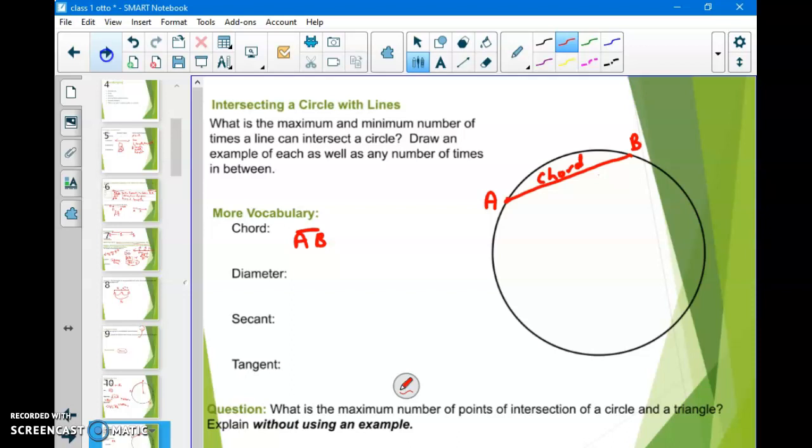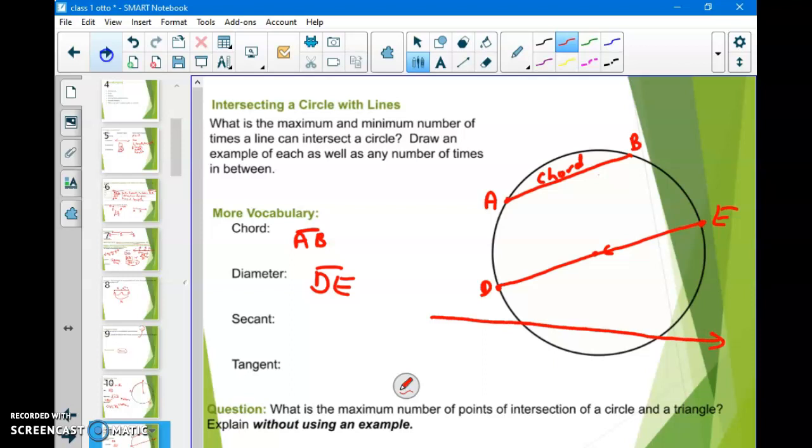A diameter, we know that the diameter has to go through the center, so I'm going to label my center over here and call this DCE. So we know that our diameter, DE, is also a segment. A secant is a line, not a segment, a line that goes through the circle twice.